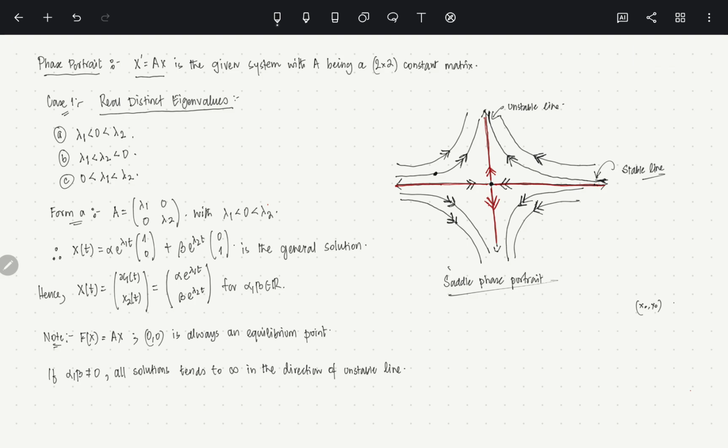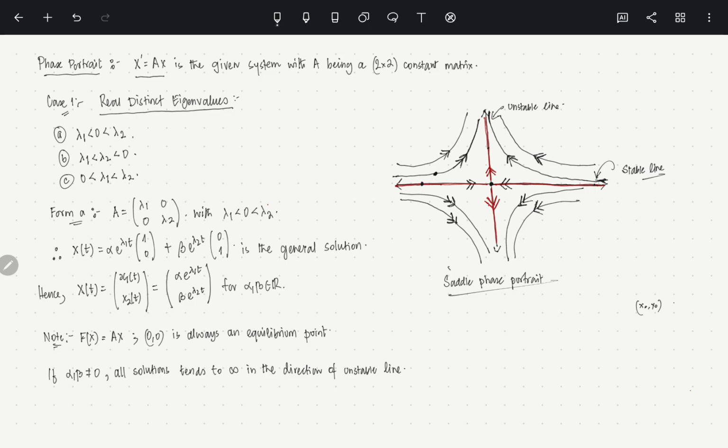Think of an invisible magnetic field, there are like flow lines. These are also flow lines. If you put a point here, that point will be carried along this trajectory, and it will converge towards the origin.